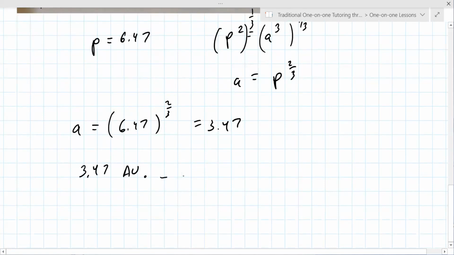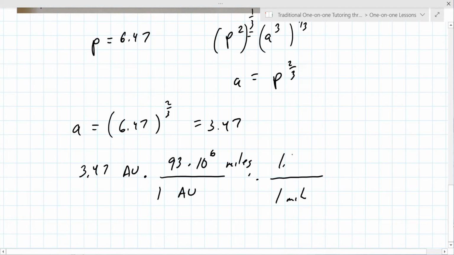And now we have to go back and convert it. So we know that 1 AU is 93 times 10 to the 6th miles. We probably want it in kilometers. So we know that 1 mile is 1.61 kilometers. And I guess we need to go to meters.